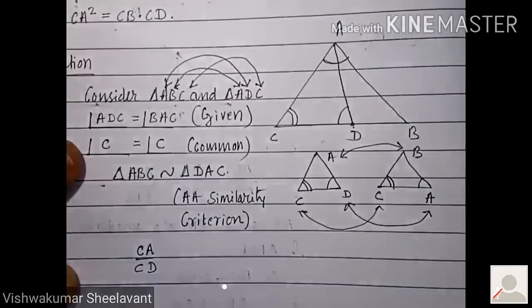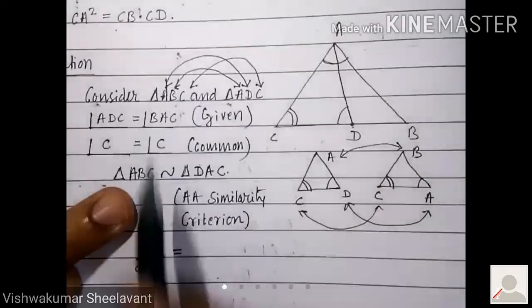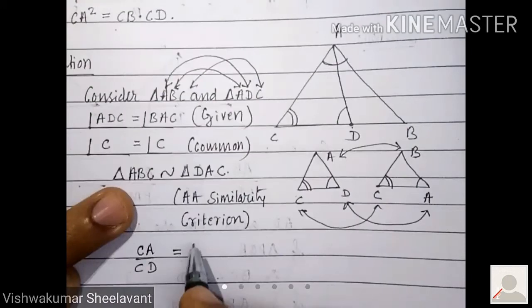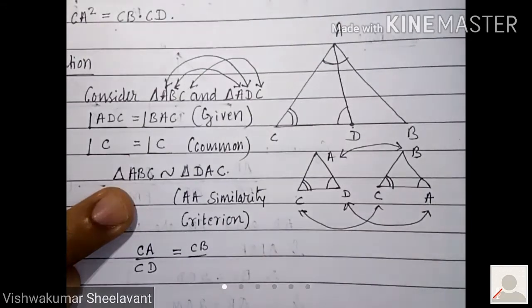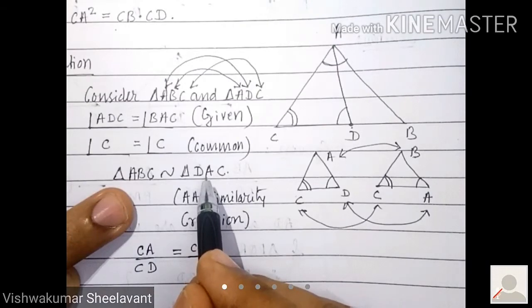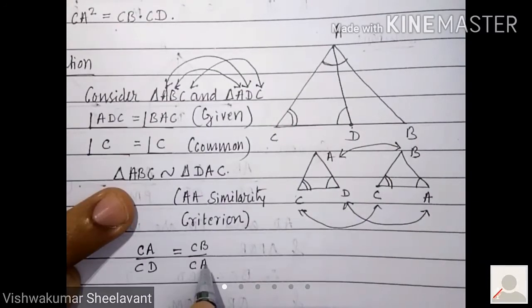CD. This equal to, you want CB. You see here, it is CB. CB in triangle ABC corresponds to CA in triangle DAC. CA.